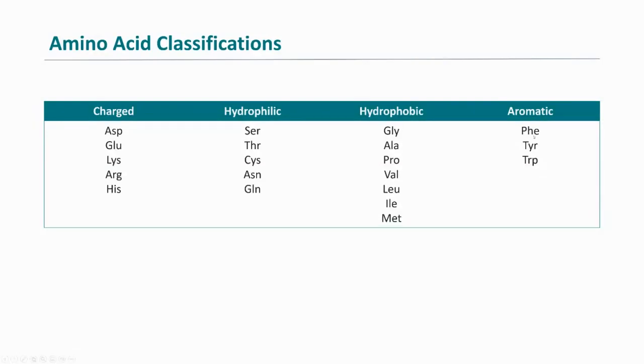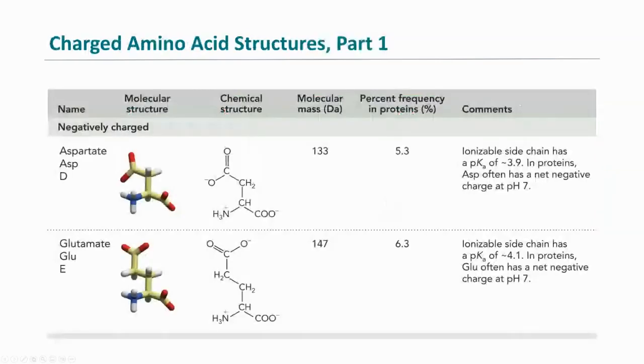These three are important for protein concentration determination, because the aromatic ring contributes to the spectrophotometer and fluorescence, so that you can determine the protein concentration.